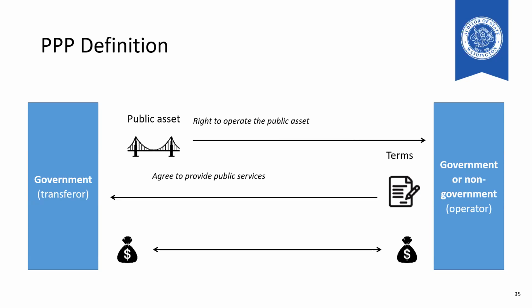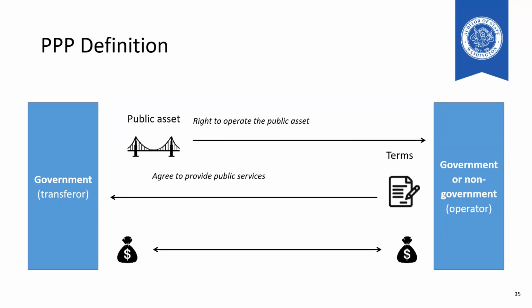In a PPP, the transferor is giving the operator the right to use a public asset, and the operator is agreeing to provide a public service. The transferor pays the operator to provide the public service, and the operator pays the transferor for the right to use that public asset.